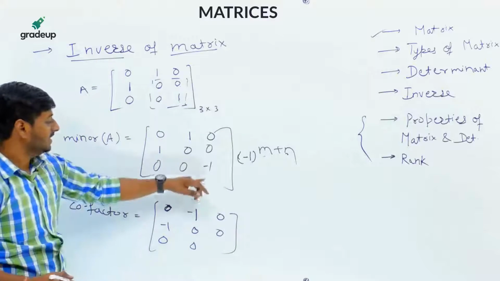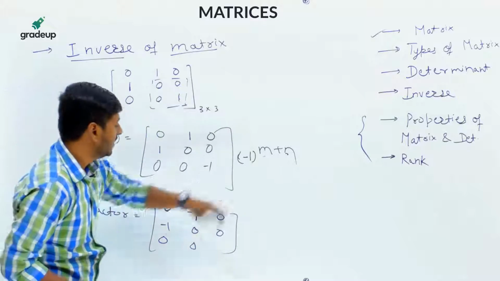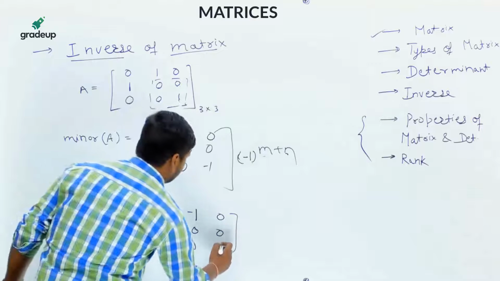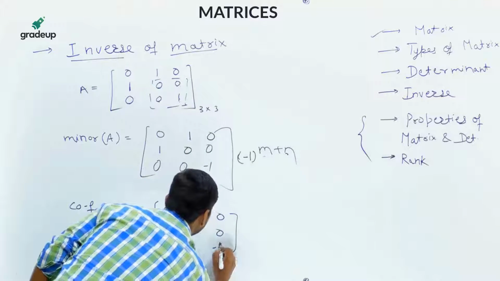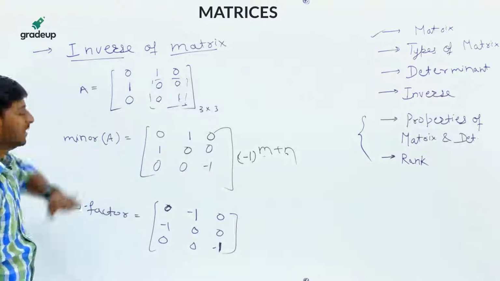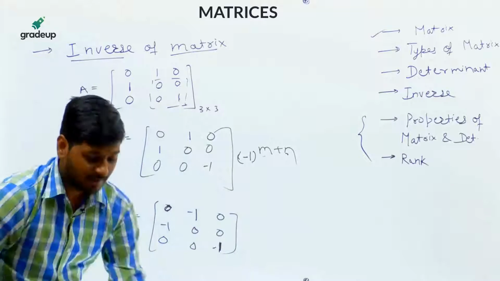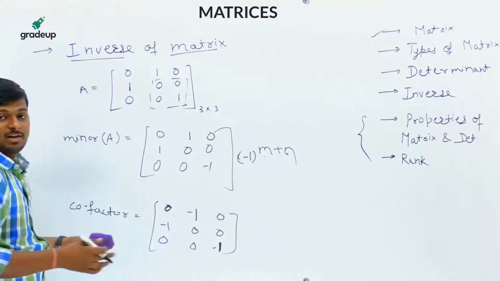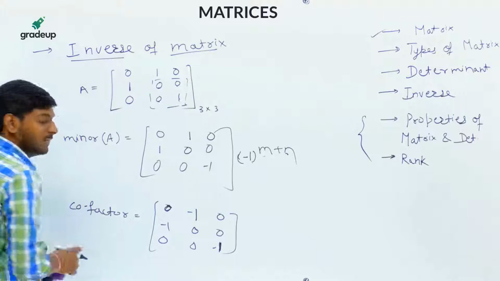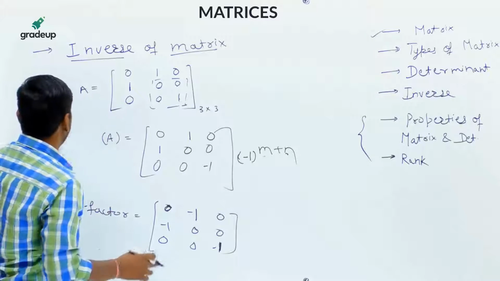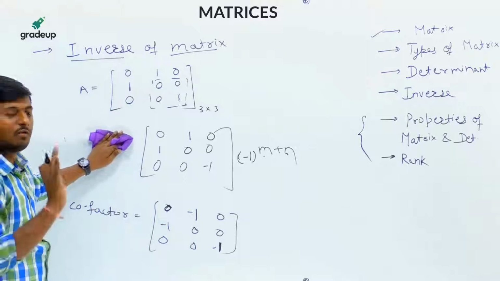Then 3 3 has an even sum, so we get the same sign, minus 1. This is the cofactor matrix of this matrix A. I will leave it right here. Then I will find the adjoint of this matrix. The adjoint of a matrix is just the transpose of the cofactor matrix.